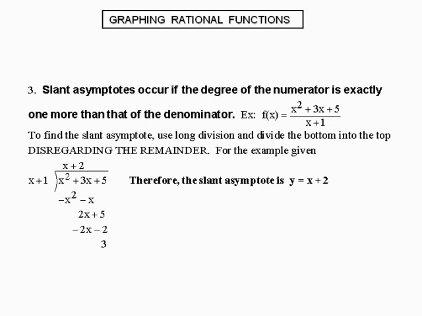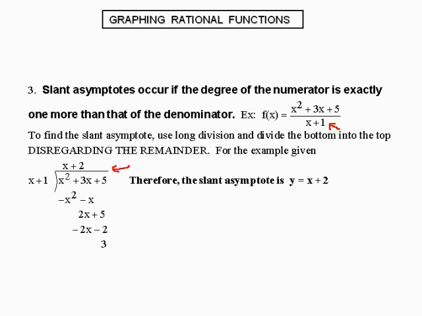So here's an example here. Now, how to find the slant asymptote if it has one: when the top degree is exactly one more than the bottom. And notice here I said to find it, use long division and divide the bottom into the top, disregarding the remainder. So I just took this x plus 1 here, and I divided it into x squared plus 3x plus 5.